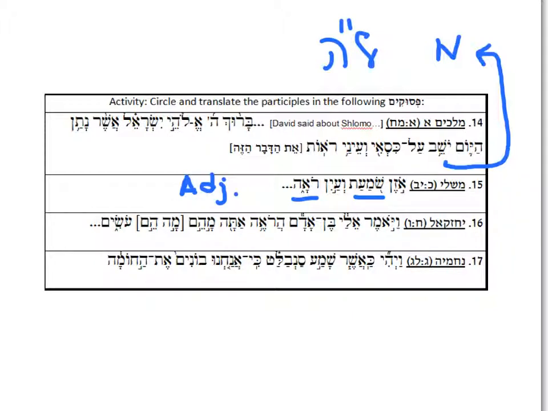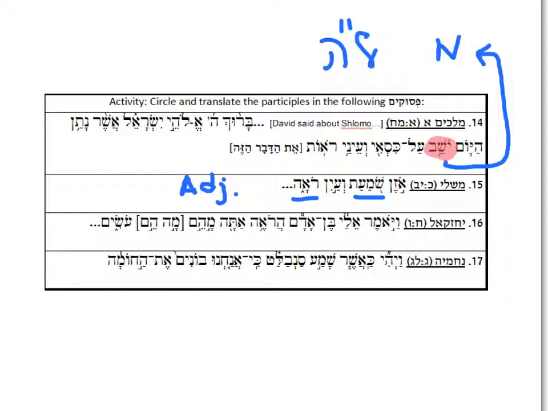In Melachim Aleph, David said about Shlomo, Baruch Hashem, blessed is God, Elokei Yisrael, God of Israel, asher natan, that he gave, Natan is past tense, that God gave, hayom, today, yoshev. Now remember I said yoshev is a noun. Now it's a participle because it has that O sound in the middle, between the first 2 letters of my shoresh.